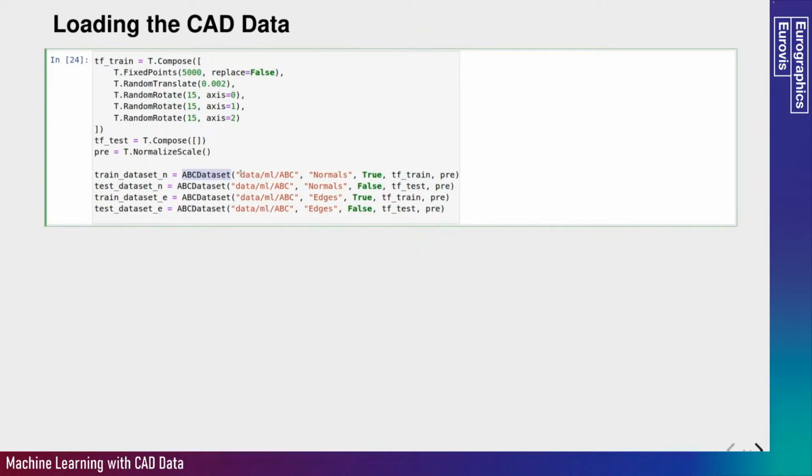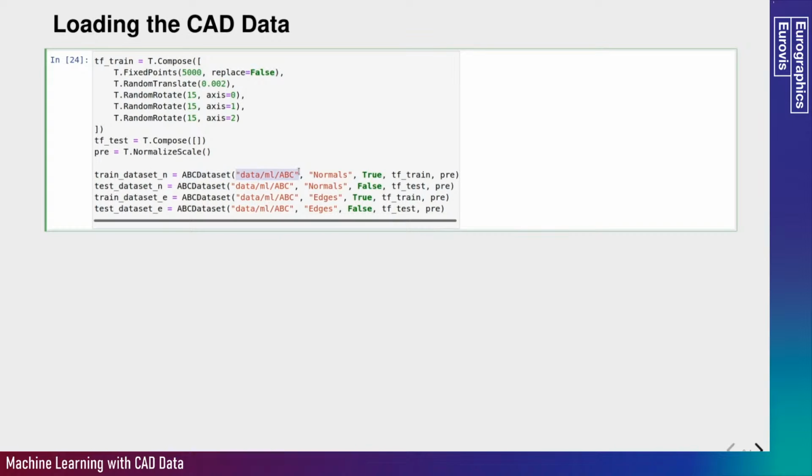What we hand into this class is just the path to the OBJ and feature files. Then we hand in the type. The types are normals for surface normal estimation, edges for this sharp edge estimation or detection, as well as types for detecting the surface patch types.